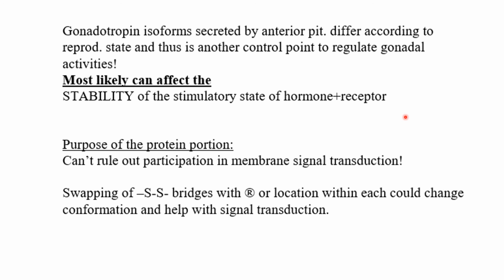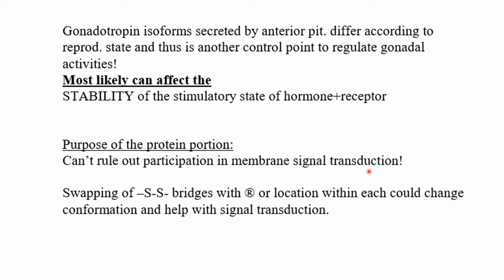So, what would be the purpose of a subtly different alpha subunit or a subtly different beta subunit in a gonadotropin isoform? We can't rule out the fact that the protein portion of the gonadotropin isoform may participate in membrane signal transduction, kind of like we've been talking about the sugars.